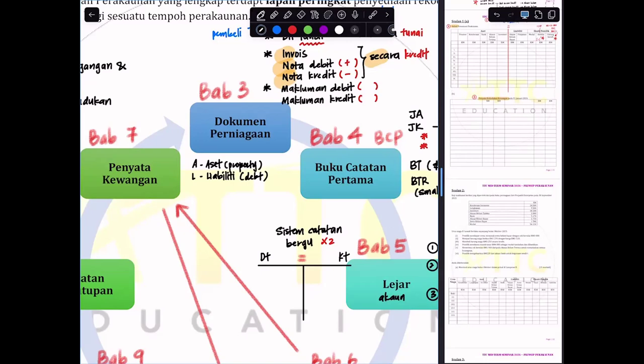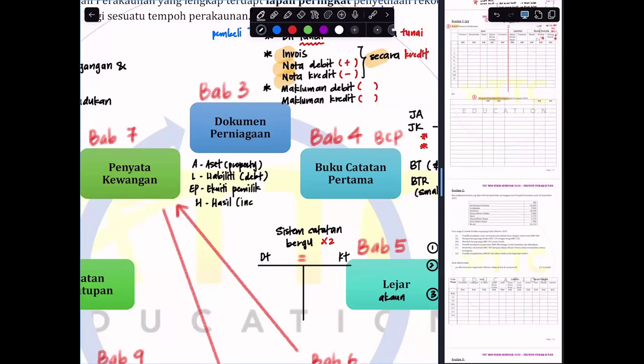Other than that, cannot. Equity, Per milik, short form EP. We can call it something like the fund to run the business, because without fund can you run any business? No, right?